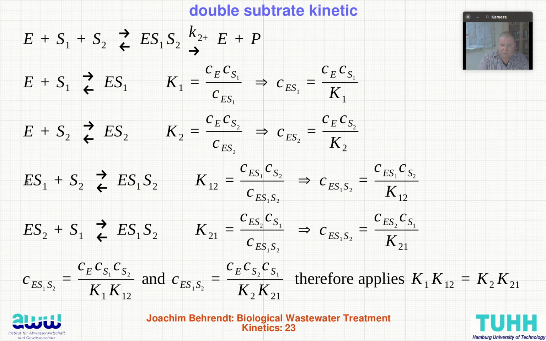We do the same for the enzyme-S1 complex, which reacts with S2, and there we formulate the K12 coefficient, and vice versa. The enzyme-substrate 2 complex can also react with S1, forming the S1-S2 complex. Finally we have the concentration of ES1S2, and this has to be equal. It follows directly that K1 times K12 should be the same as K2 times K21, because this has to be the same.